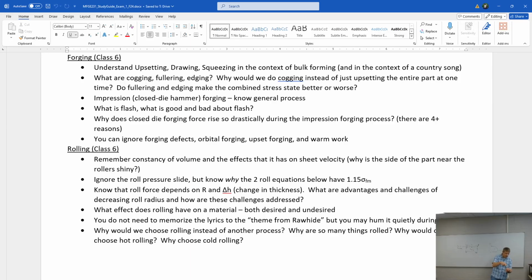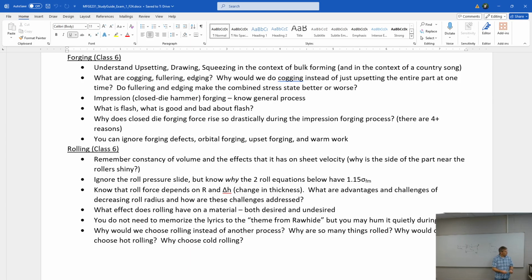And then you go and you squeeze the next area, next area, next area. By the time you get back to the beginning, because this is hot work, it has had time to recrystallize. So when you want to deform it, it has the full amount of ductility. So you can continue to drastically change its shape. If you did the whole thing at the same time, you quickly reach the limit of ductility, and then you would just have to stop and wait anyway. So why use the really giant press that would be needed to do it all at the same time if you're gonna have to wait anyway?